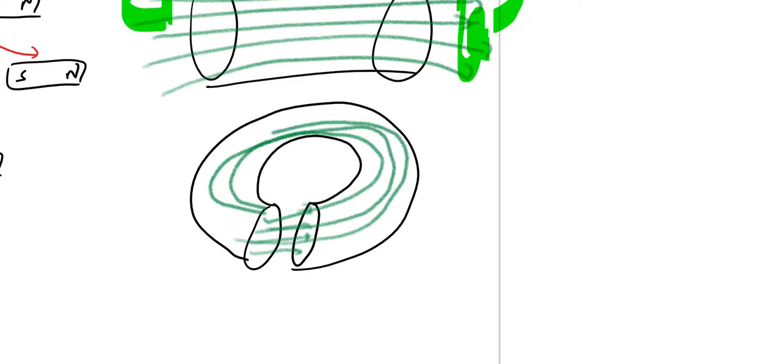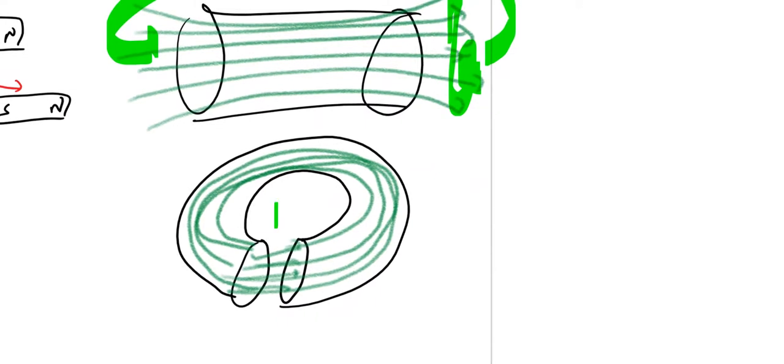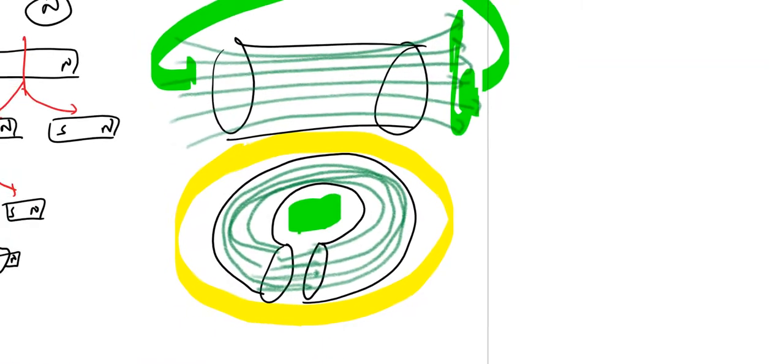Inside the toroid I have closed loops of magnetic field lines, and hence I don't have any magnetic field in this region, I don't have any magnetic field in this region, but inside I have closed magnetic field lines, and because of that I don't have any north or south pole. This is like a closed magnetic circuit, so there are no north or south pole inside the toroid.